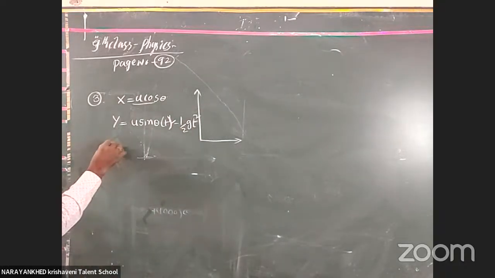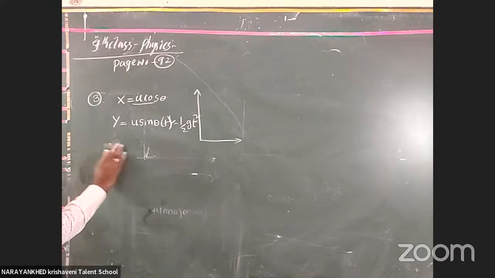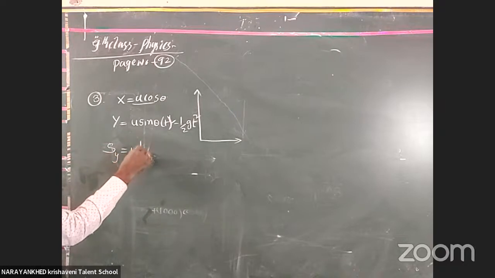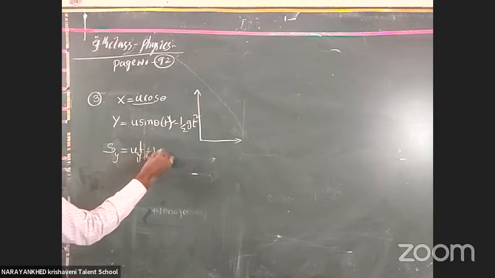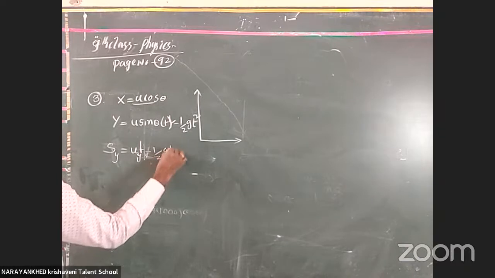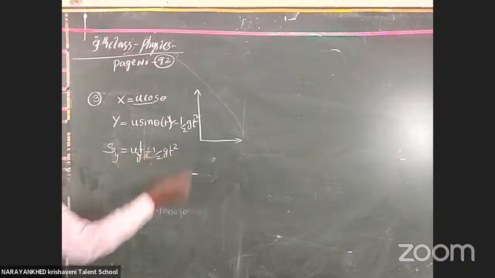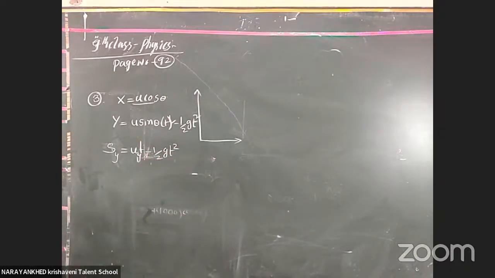Simply, yesterday we already discussed it. What is that? y is equal to uy t minus half g t square or plus half ay t square. We wrote like that only, right?